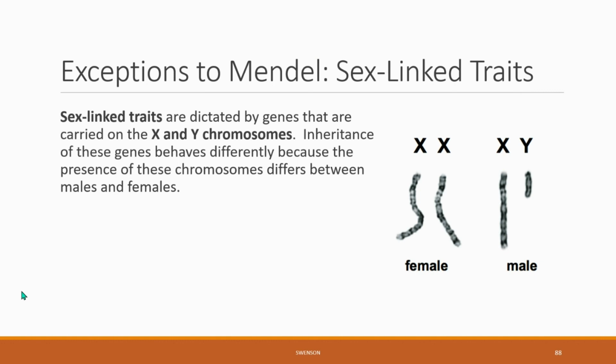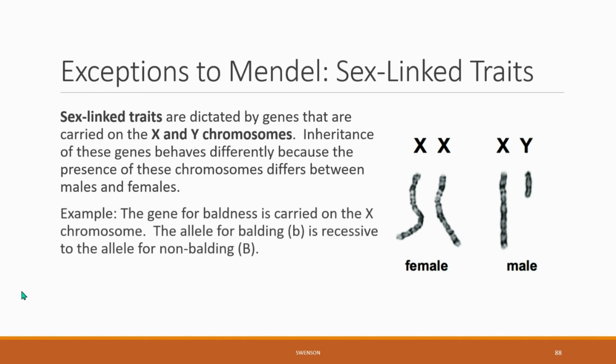Sex-linked traits are dictated by genes that are carried on the X and Y chromosomes. Inheritance of these genes behaves differently because the presence of these chromosomes differ between males and females. An example is the gene for baldness, which is carried on the X chromosome. And remember that males have an X and a Y chromosome, while females have two X chromosomes.